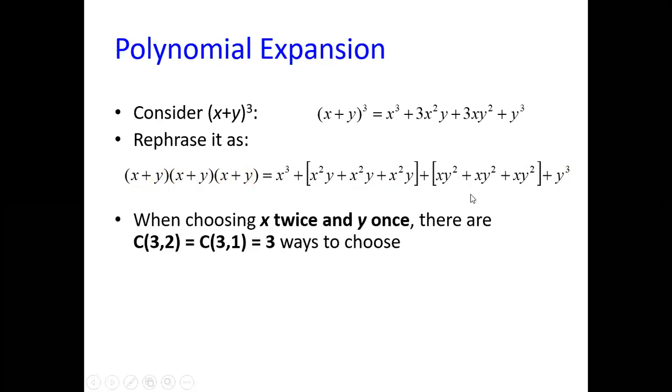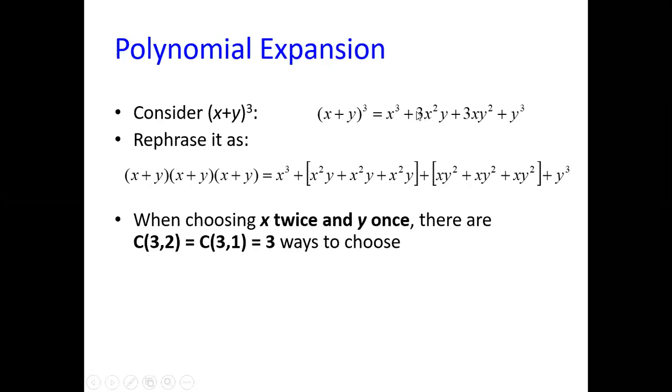Now, when choosing x twice and y once, like x squared y, here there are combination 3, 2 equal to combination 3, 1, equal to 3. So the coefficient of x squared y will be 3.